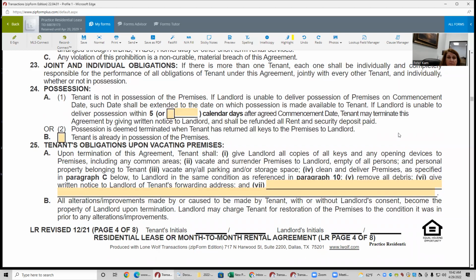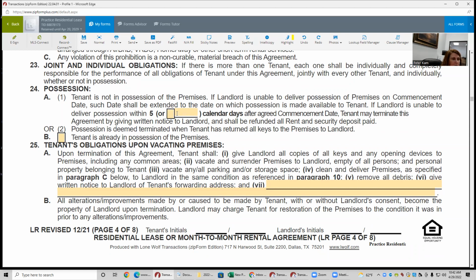Here's the default on this. If landlord is unable to deliver possession within 5, or you can insert the calendar days after agreed commencement date, the tenant has the right to terminate this agreement by giving written notice to the landlord and shall be refunded the rent and security deposit they paid.